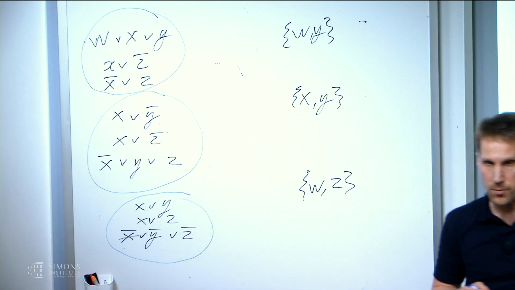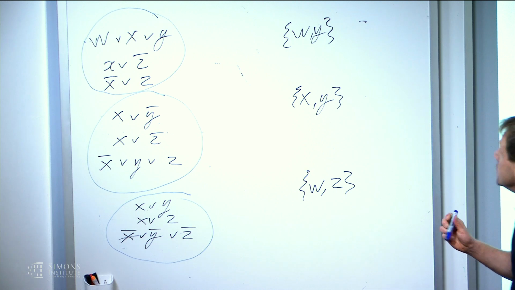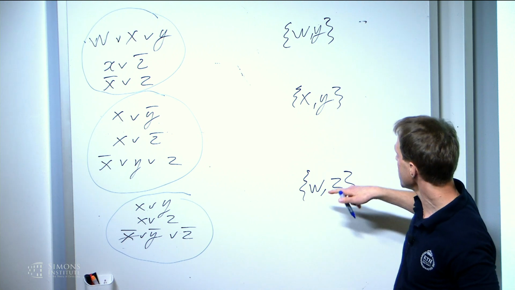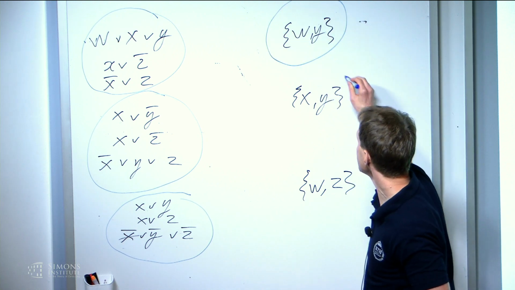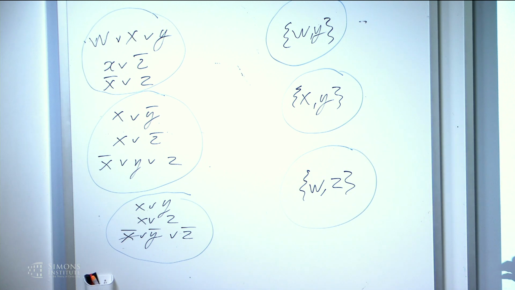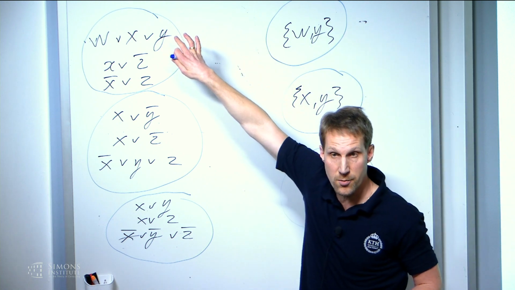Then we look at the variables, and we divide them up also. It doesn't have to be a partition, though. As you see here, y appears several times, w appears several times, but for some reason we're dividing them up this way. And once we've done this division, it's clear what the graph will be, because we'll have an edge if some variable over here appears in some clause over here.